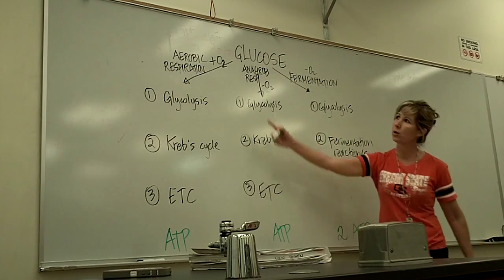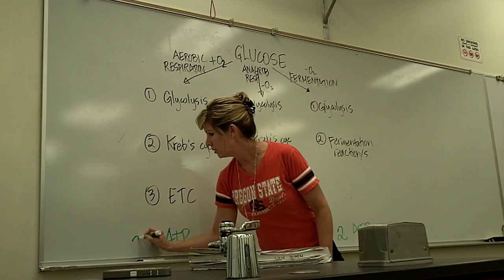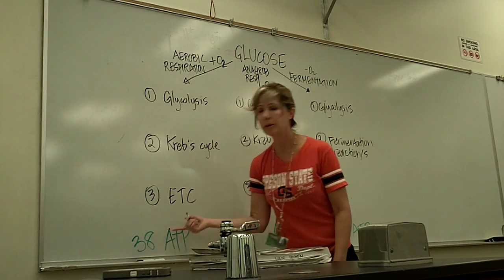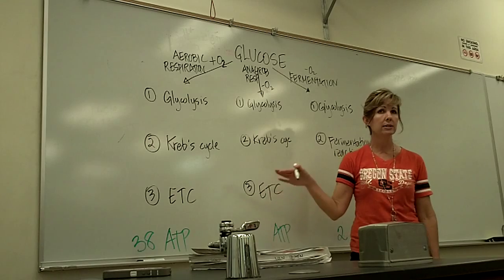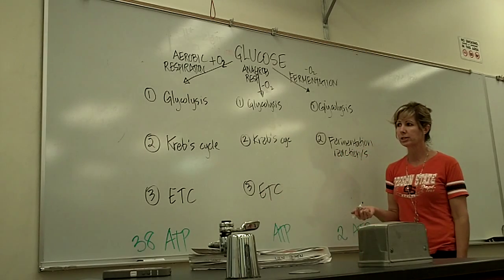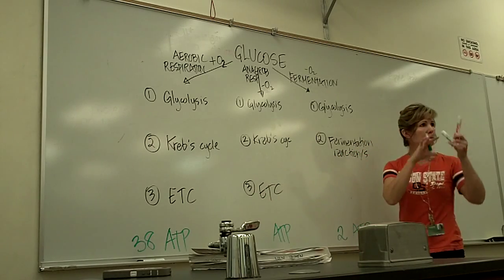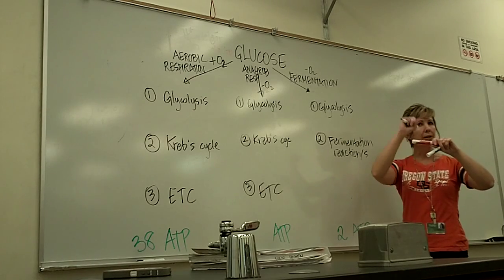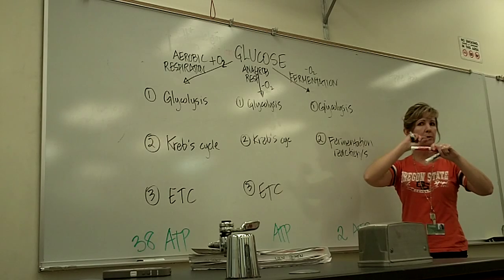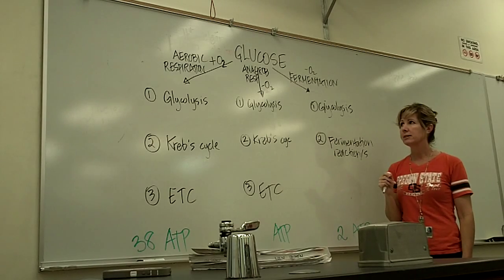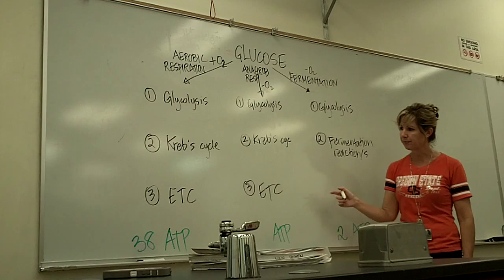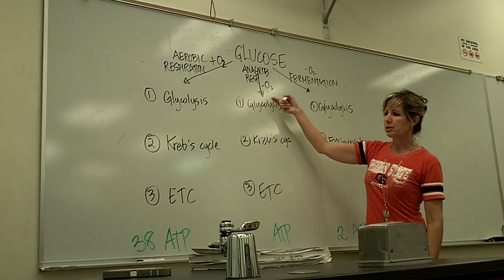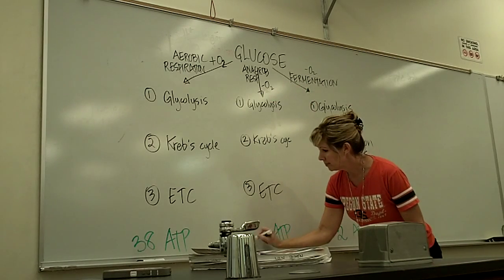Compare that with aerobic respiration, which has, for bacteria, 38. Mitochondria also produce 38. But when the mitochondria are in a eukaryotic cell, remember mitochondria have to transport that ATP across the membrane. And so that will cost them 2 ATP. Anaerobic respiration is variable.